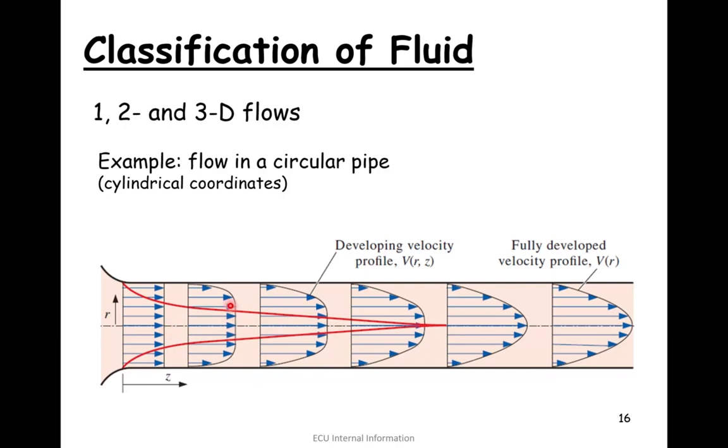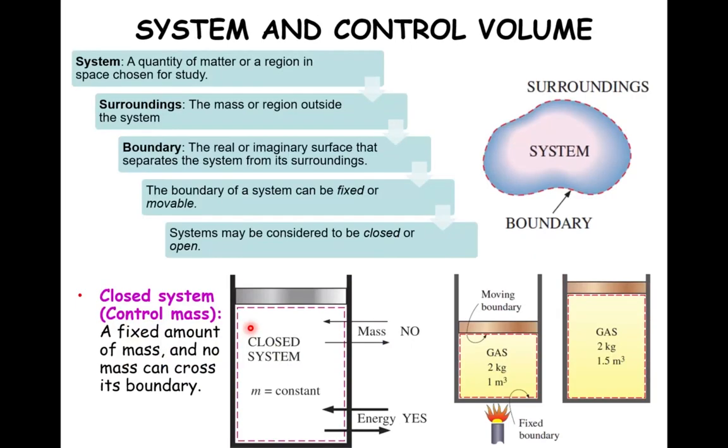If the flow changes in two directions, for example one direction here and one direction there, then we call it two-dimensional. If the flow changes not only in these directions but also normal to the page, then we call it three-dimensional flow. These are what we study in this unit, mainly one-dimensional flow.